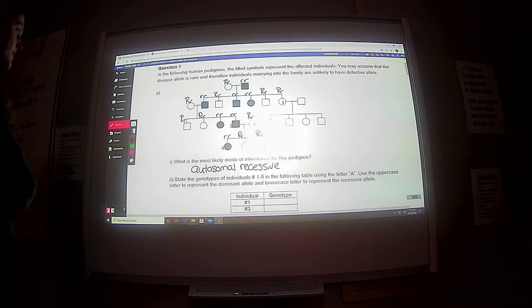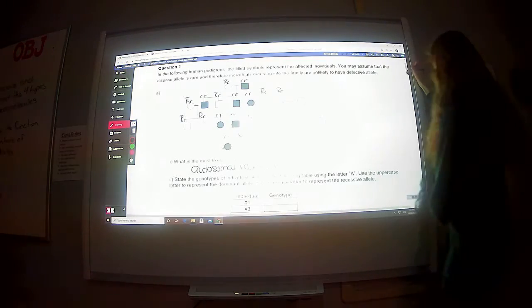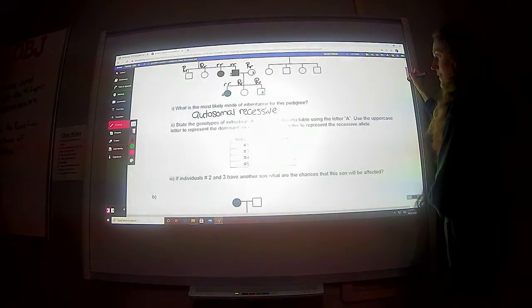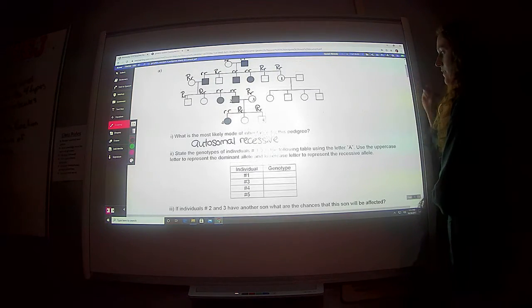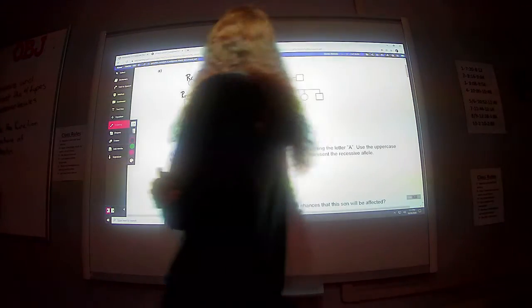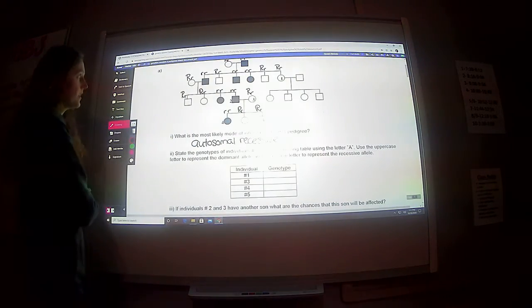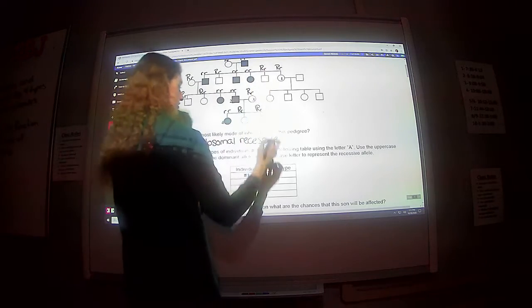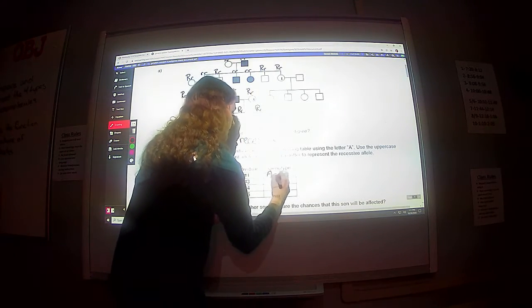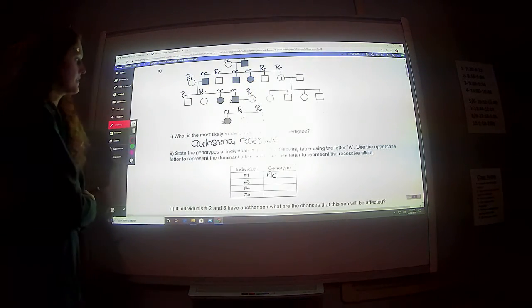State the genotypes of individuals 1 through 5 in the following table using the letter A. I used the letter R's, but we could change it to A's. Use uppercase to represent the dominant allele and lowercase to represent the recessive allele. So person number 1, I have her genotype up here, and I'll change that to A's. It's heterozygous.